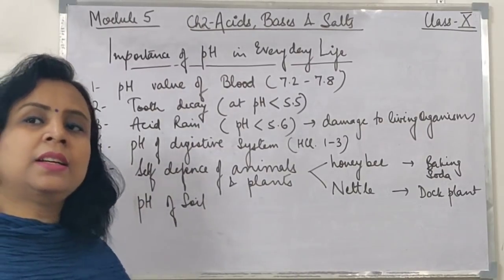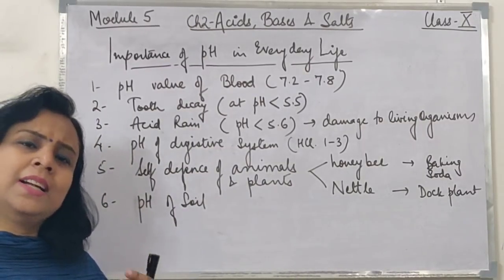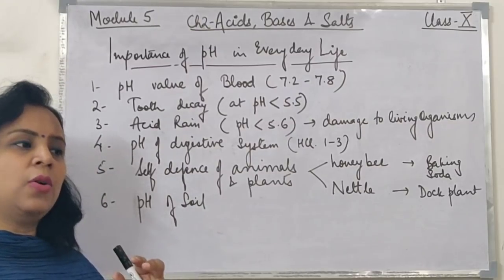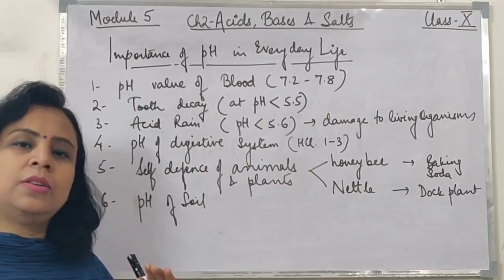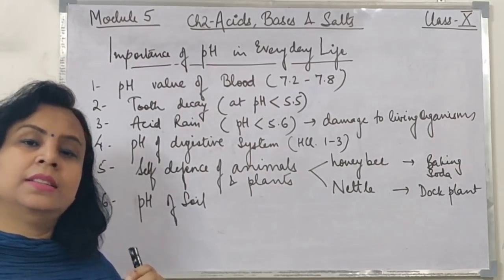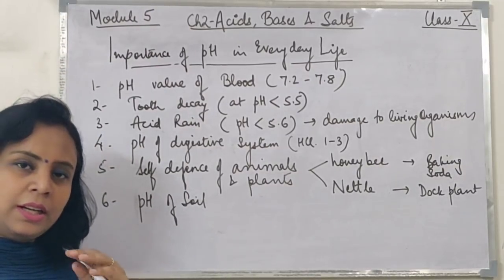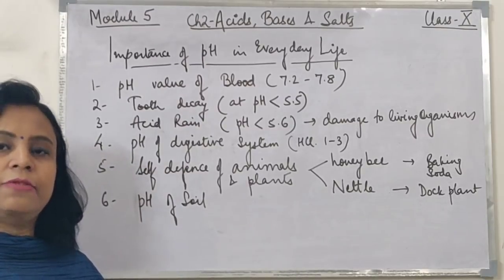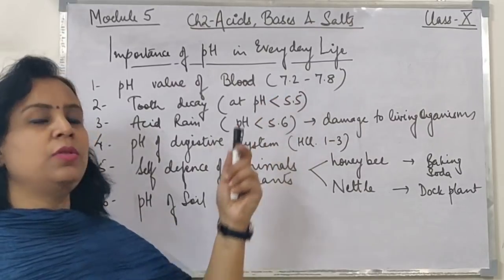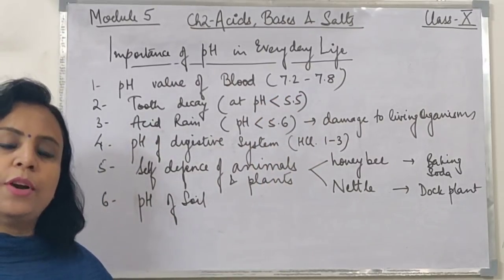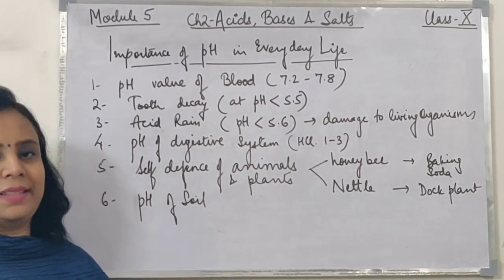Now children, the human body, for that matter any organism, works in a specific pH that is normally a little more than the neutral range, that is, on a little basic side. For example, in human beings the pH value of blood is somewhere around 7.2 to 7.8, which is very mildly basic.